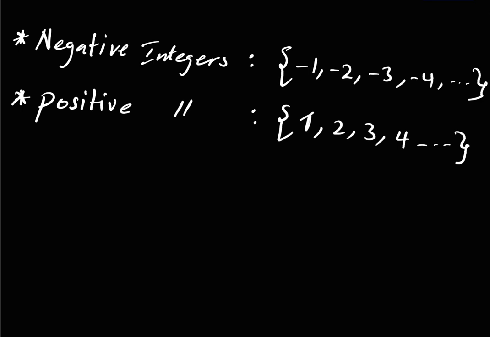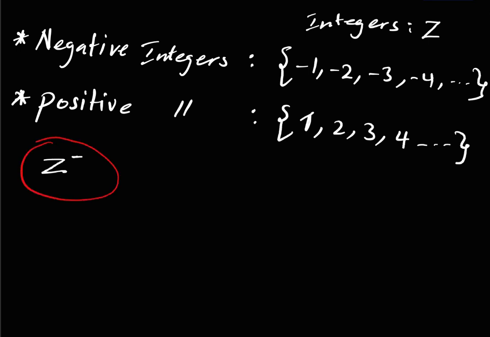And by the way, I said integers have the symbol capital Z. The negative integers are represented by the symbol capital Z with a negative sign on top. So this represents negative integers. For positive integers, likewise, capital Z with a plus sign above. So this represents positive integers.